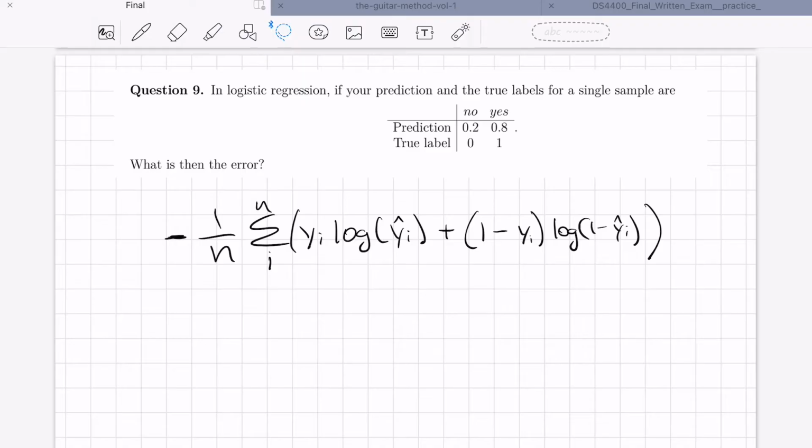This objective is called the average logistic regression error. Because it's an average, this part right here tells us that.